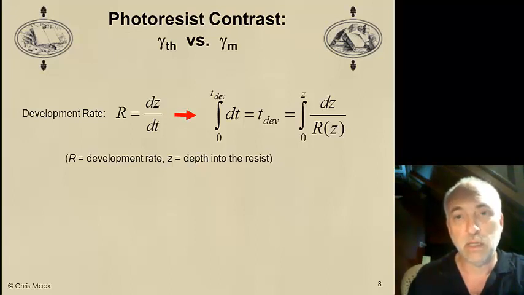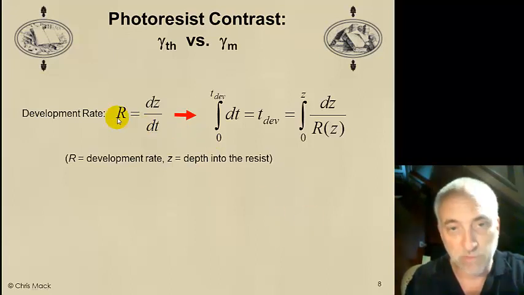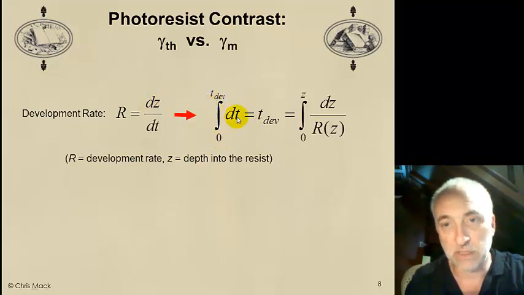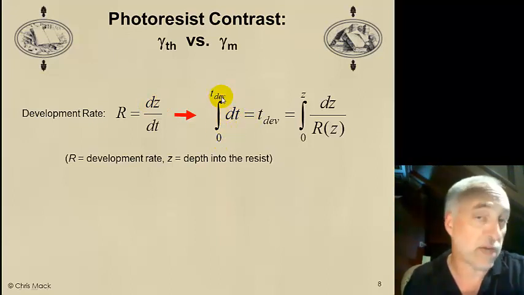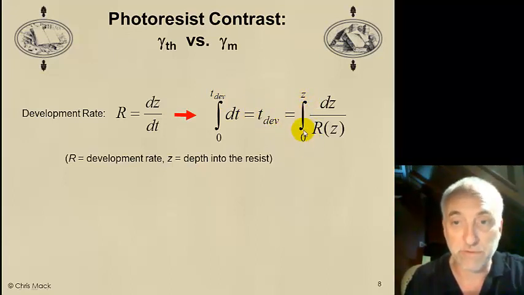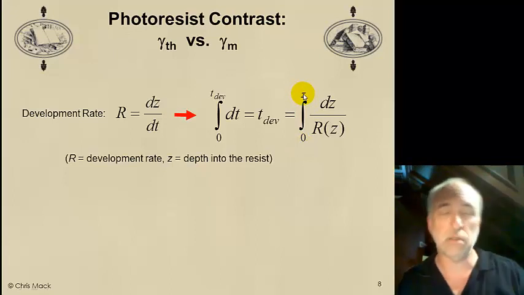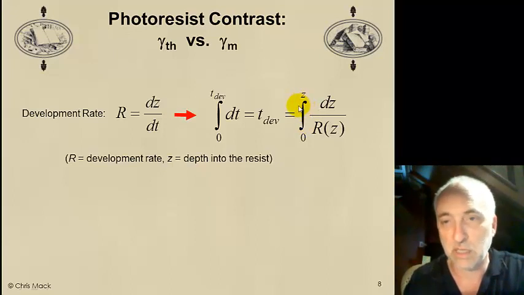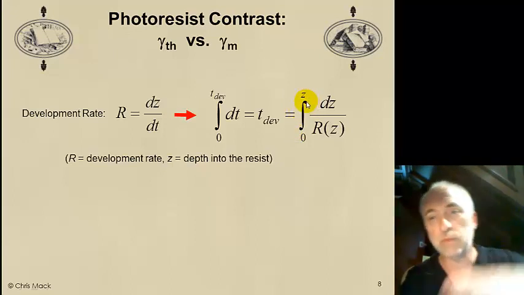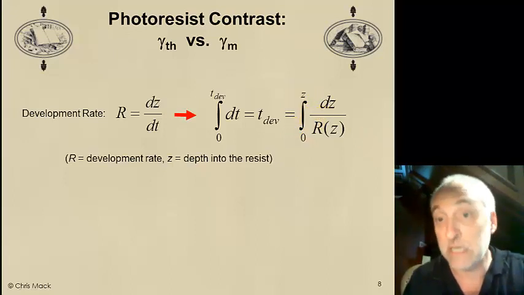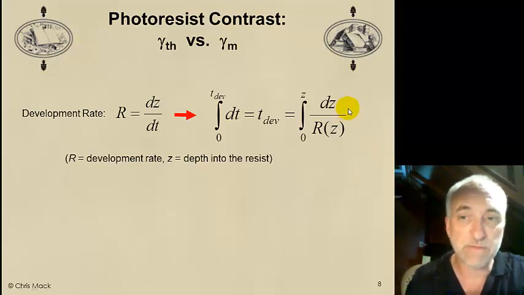Then, if I move the dt over to this side of the equation, take the R, divide it onto the other side of the equation, integrate both sides, I get the integral of dt from 0 to the final development time, that's just development time, equals the integral from 0 to the depth down, z actually is the depth into the resist, not the thickness of the resist. I think I said it wrong originally. So integral from 0 to the depth down into the resist that I finish at the end of the development of dz over R.